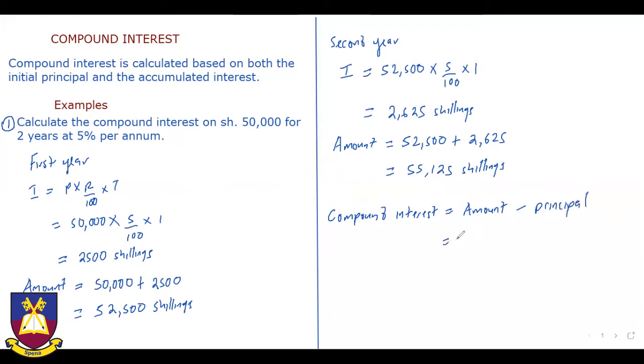The amount is 55,125 minus the principal. We started with 50,000. That is the principal. And this gives us 5,125 shillings as our compound interest. Let's look at the second example.